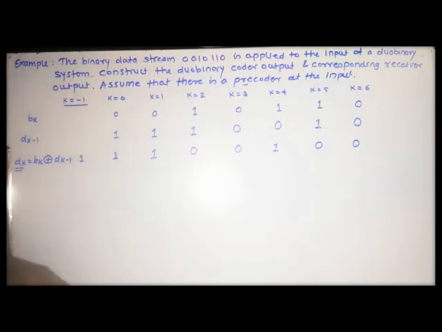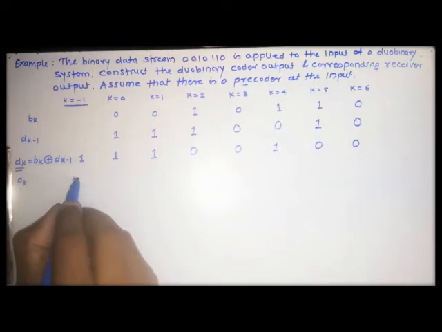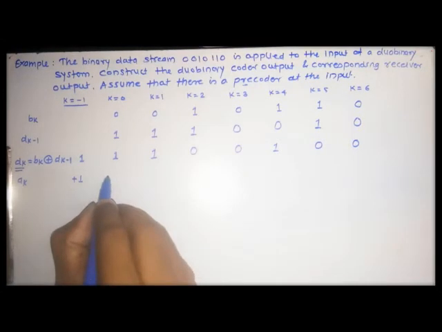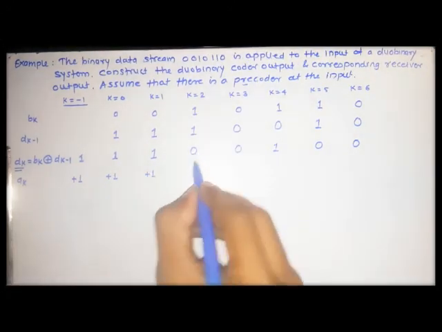Now let's calculate the two levels system, that is ak. So ak is nothing but a bipolar NRZ sequence. So if it is 1, this is positive 1, this is again positive 1, this is again positive 1. If it is 0, then it is negative 1. This is negative 1, this is positive 1, this is negative 1, this is negative 1.